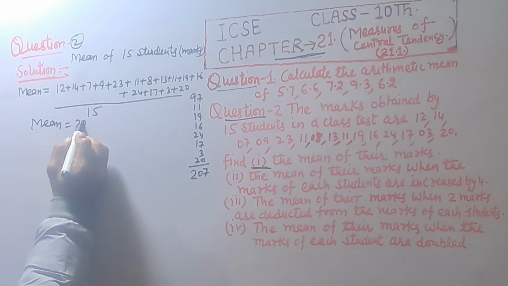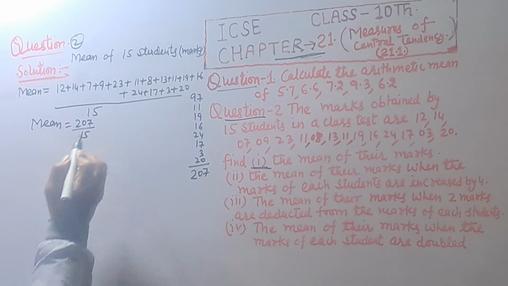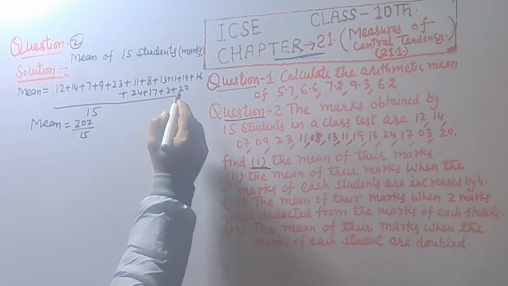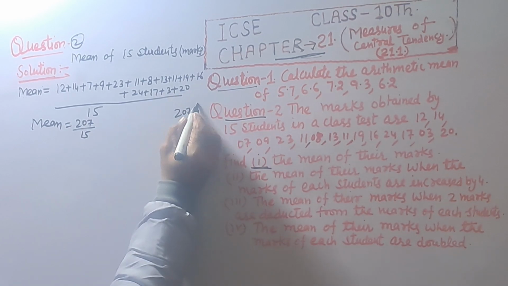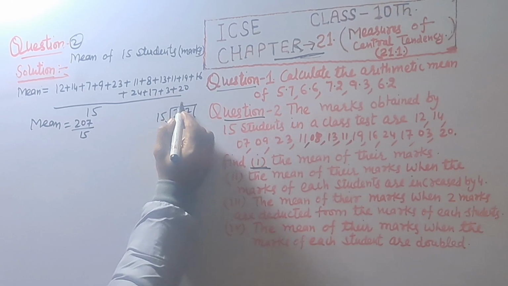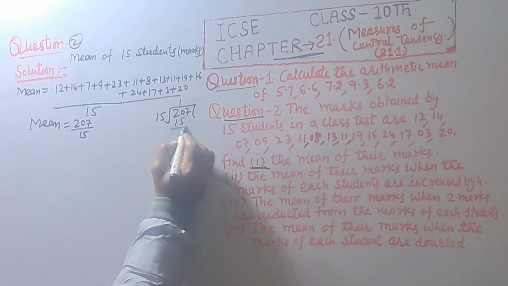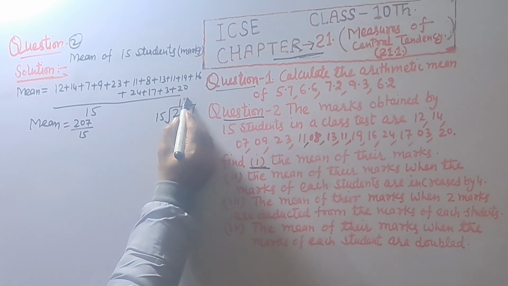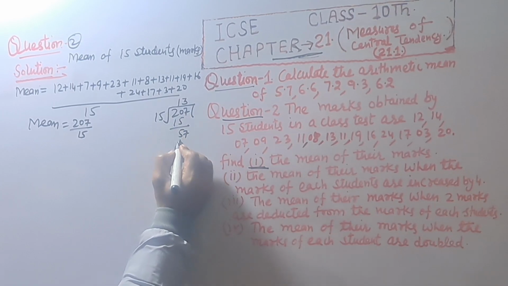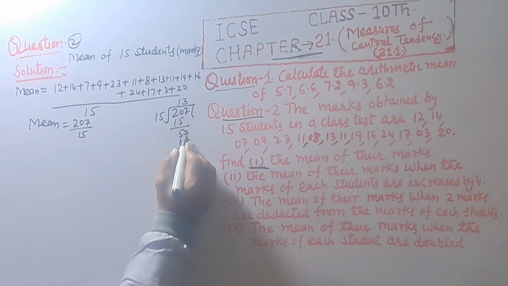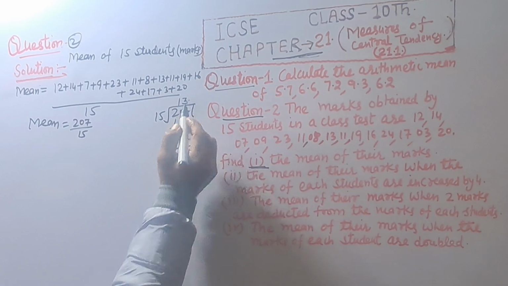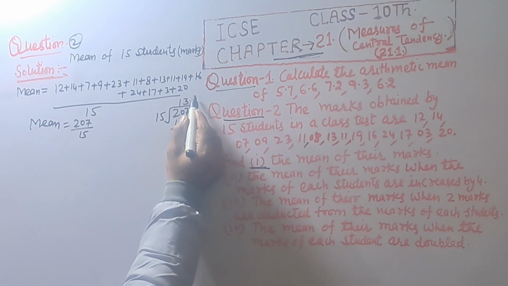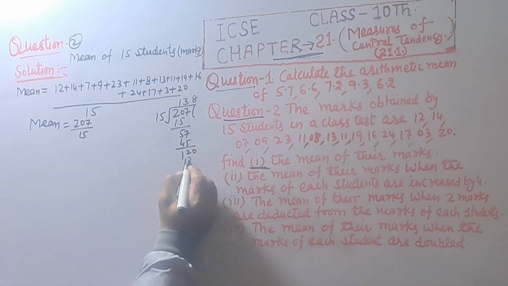Mean is equal to 207 upon 15. 207 divided by 15. 15 ones are 15, 5, 7. 15 threes are 45, 12.0. 15 fours are 60. 15 eights are 120.